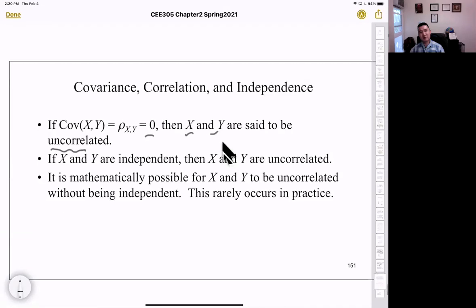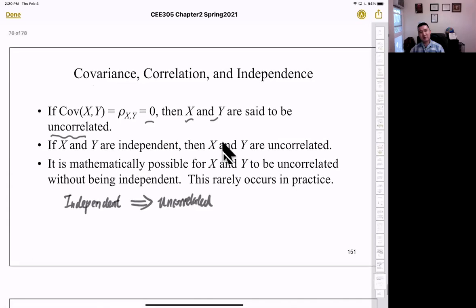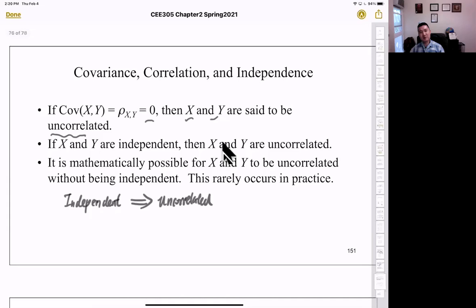However, if they are uncorrelated, we cannot be 100% sure they are independent.